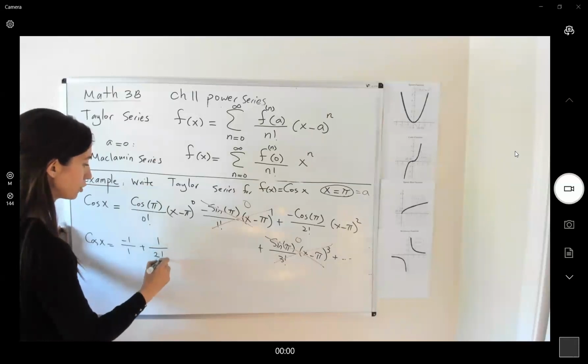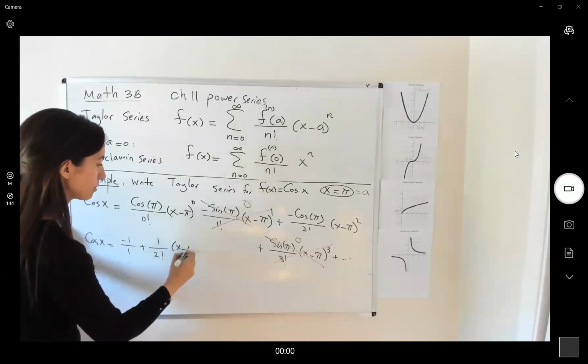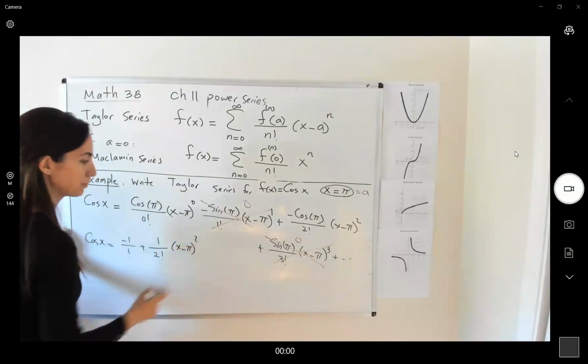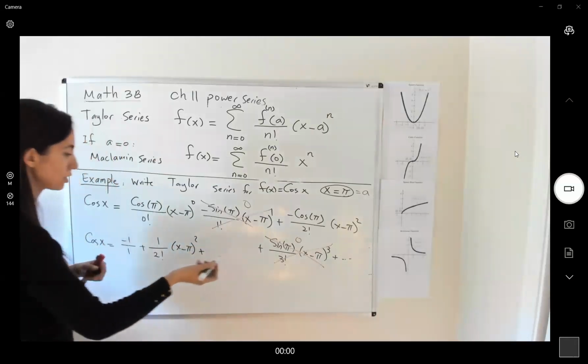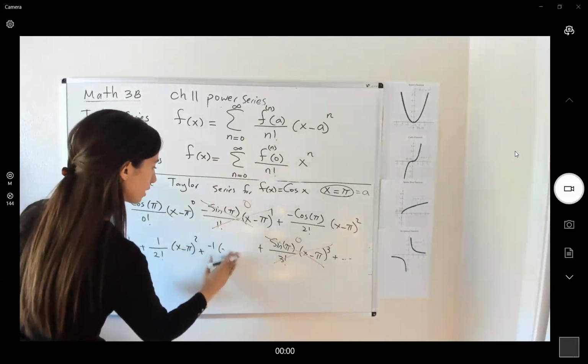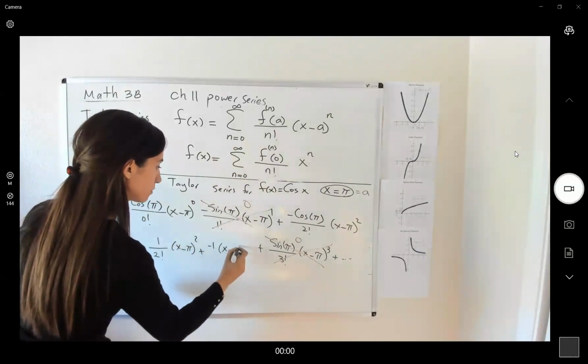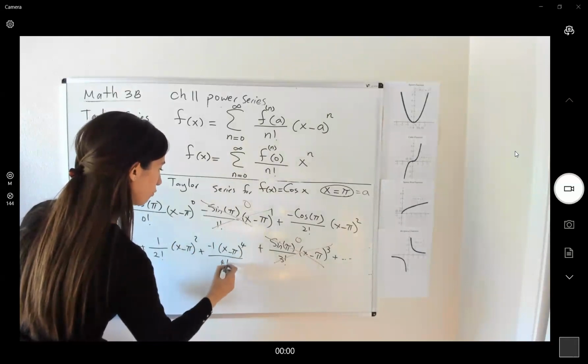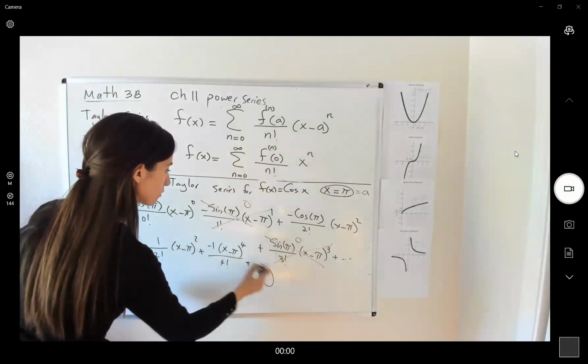Positive 1 divided by 2 factorial x minus pi to the second. And the next term is going to be plus minus 1 x minus pi raised to the 4th divided by 4 factorial plus the rest of the terms.